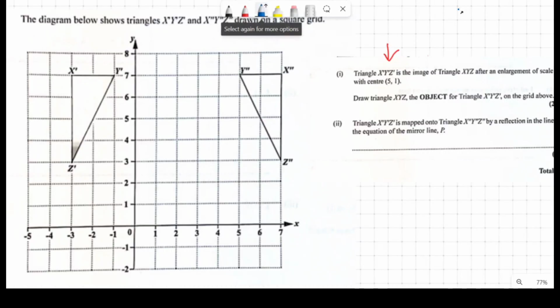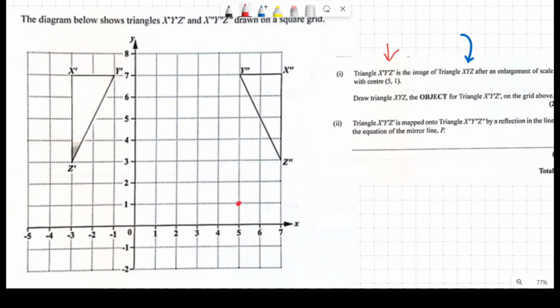Triangle X prime, Y prime, Z prime is the image of XYZ, which is not there. An enlargement of that, of a scale factor and a center. So the center for the enlargement was (5, 1) right here.